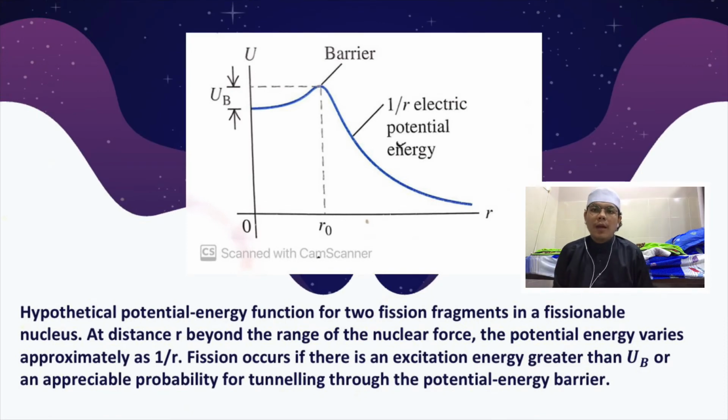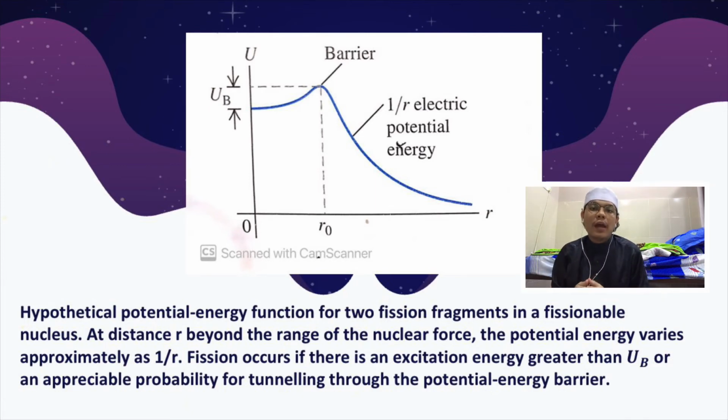Before I explain further about the picture in this slide, I want to mention that the qualitative picture has been developed into a more quantitative theory to explain why some nuclei undergo fission and the others don't. This picture in the slide shows a hypothetical potential energy function for two possible fission fragments.